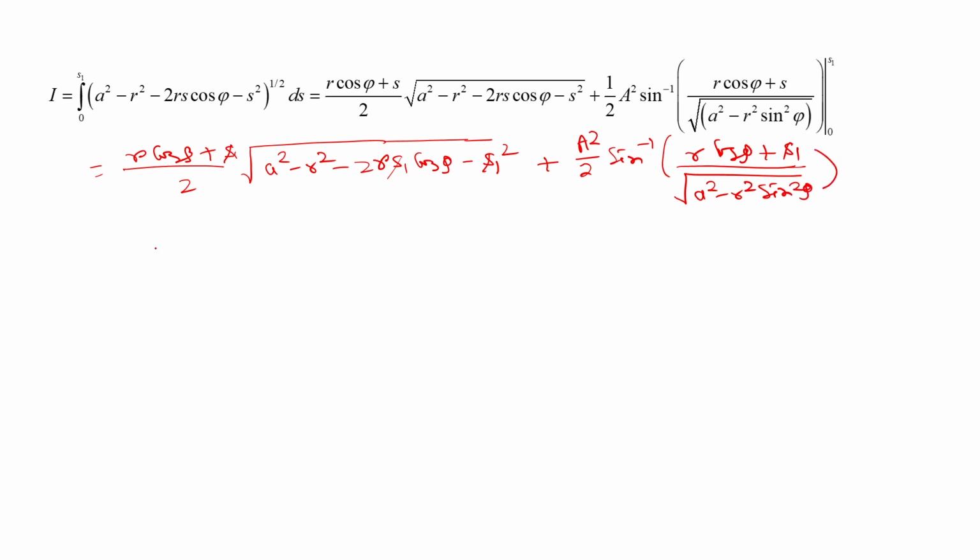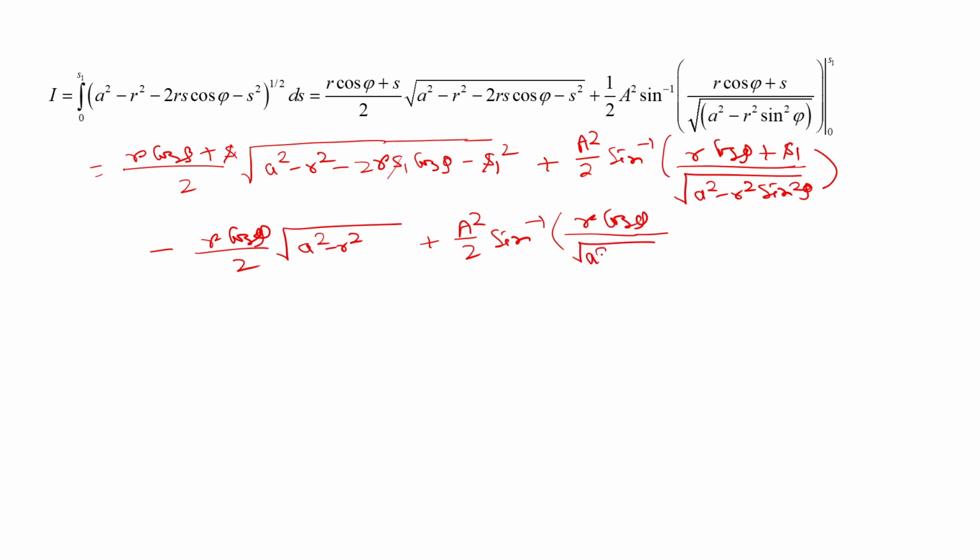Then minus, now I have to write for s equal to 0. It will be r cos phi by 2 and square root of a square minus r square, because now s is equal to 0, plus a square by 2 sin inverse, and remember that s is equal to 0 here, of r cos phi over square root of a square minus r square sin square phi, like that.